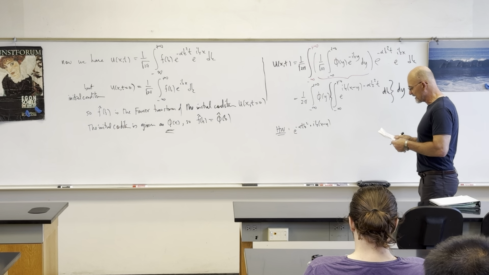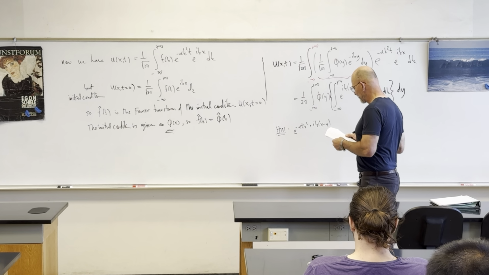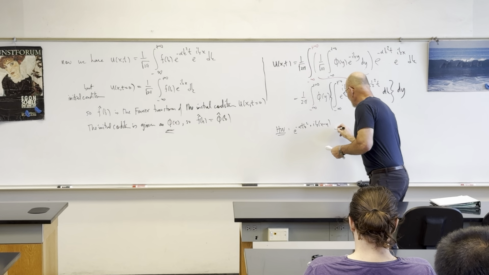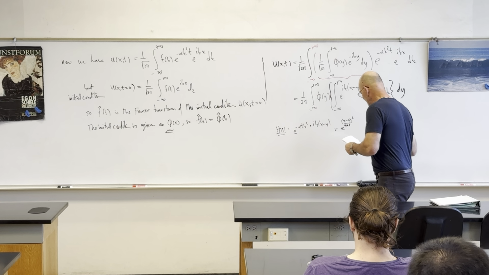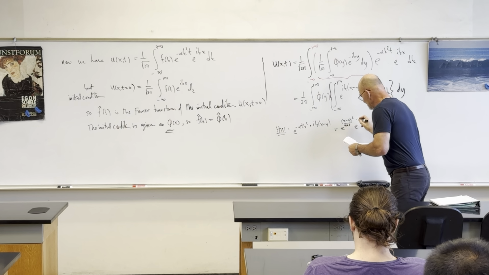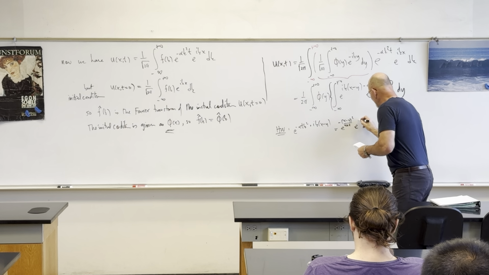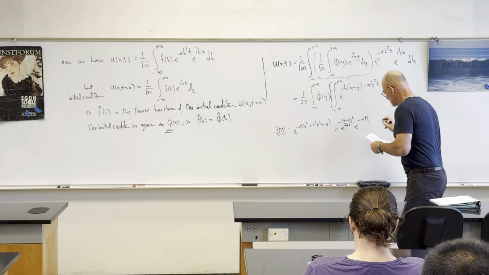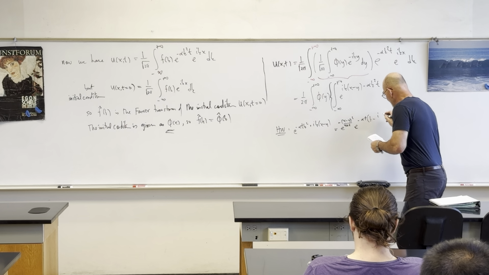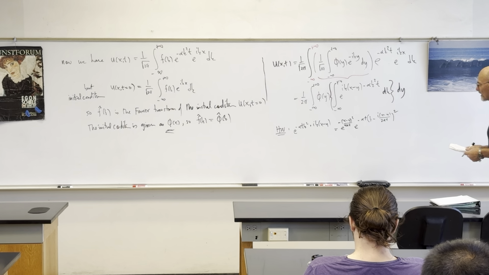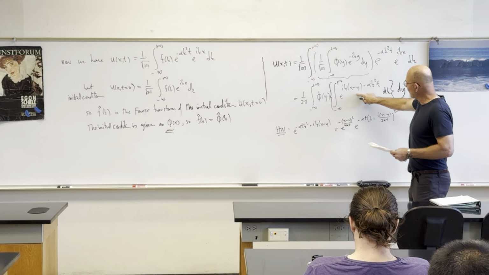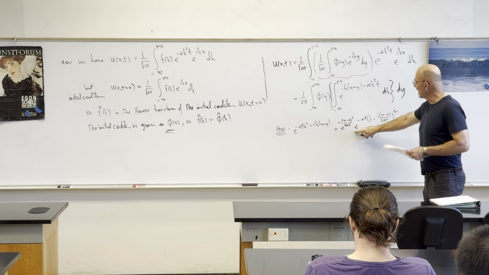We want to factor out an e to the minus x minus y squared over 4 alpha t, and then e to the minus alpha t times k minus i x minus y over 2 alpha t, squared. It's one of those completing the square assignments. So you're going to take this, which is what we're given, and turn it into this right here.